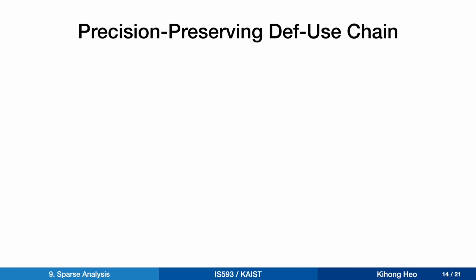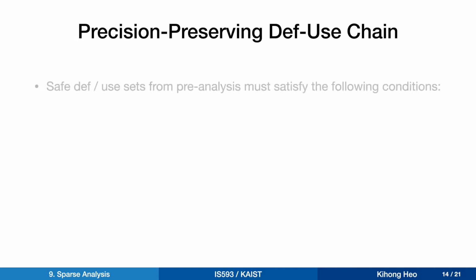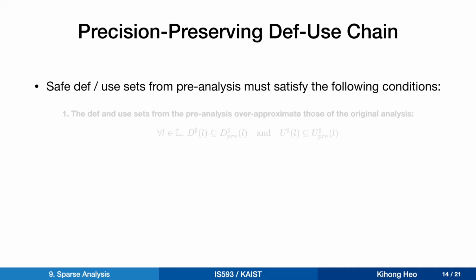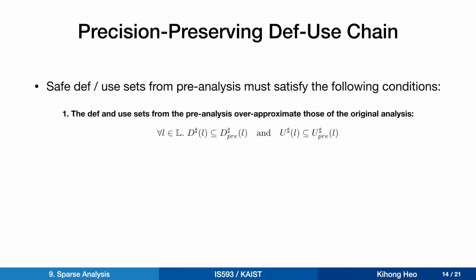But we should be a bit careful when we define the approximated def and use sets using the pre-analysis result. To be safe, the approximated def and use sets must satisfy the following conditions. Let's take a look at them one by one. The first one is a bit trivial.